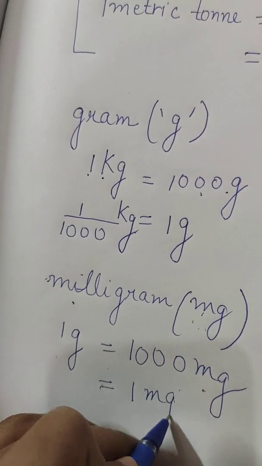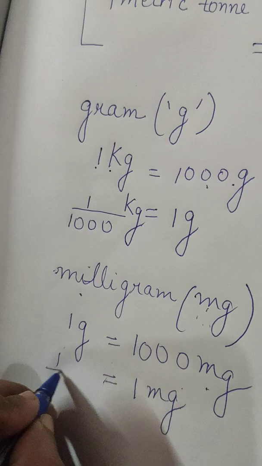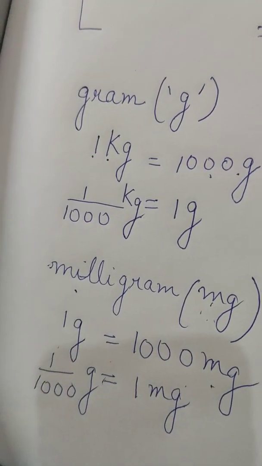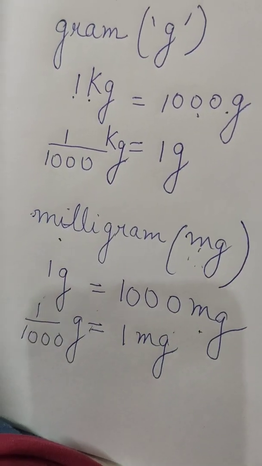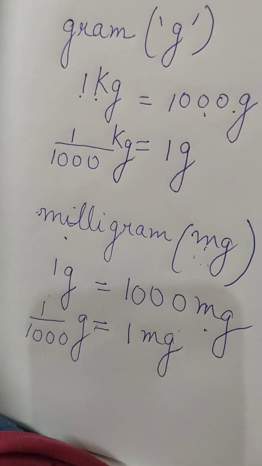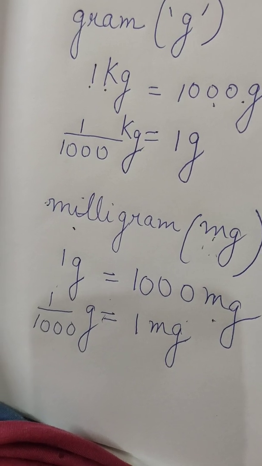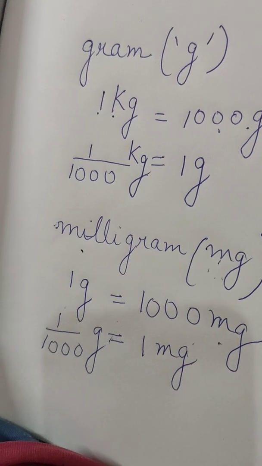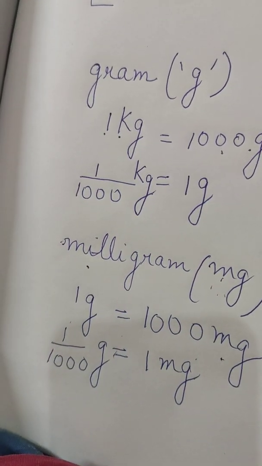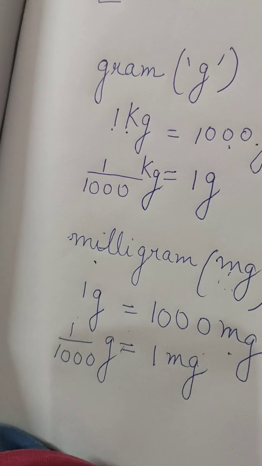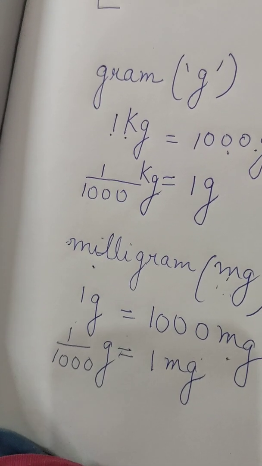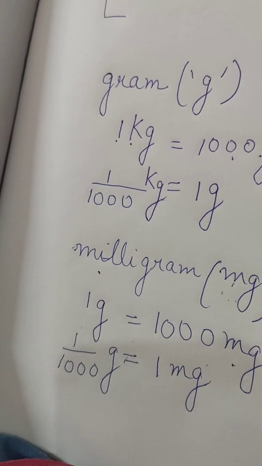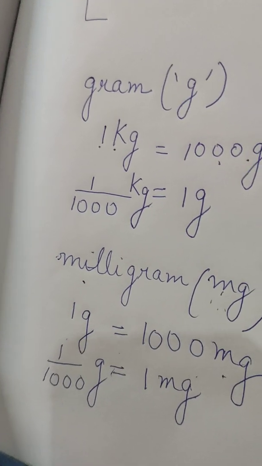So 1 milligram is equal to 1 upon 1000 grams. So here we have the two conversions, that is how these are equal to each other.